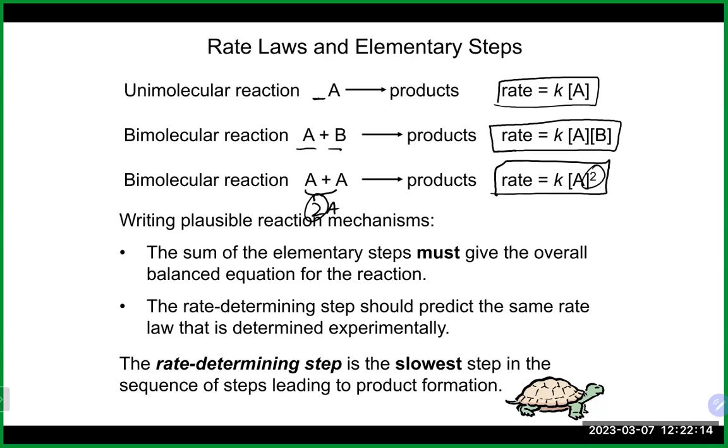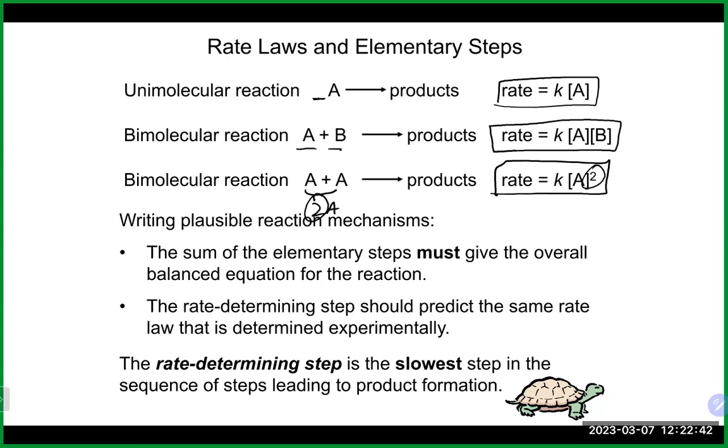If it's not a reaction mechanism, you need to do what we did earlier, which is experimentally determine it using the table and the rate 2 over rate 1. Now, in order for a mechanism to be a good mechanism or a bad mechanism, which is often what you're trying to determine, there are basically two things you need to make sure of.